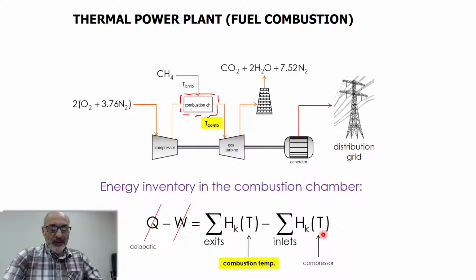Just a reminder, the inlet temperature at which you calculate all enthalpies is the temperature at the exit of the compressor, so it's typically 200, 300, 350 degrees Celsius. And the outlet temperature is the combustion temperature, which is an unknown. We must solve this equation in order to calculate this temperature. I'm going to show you how to do that.